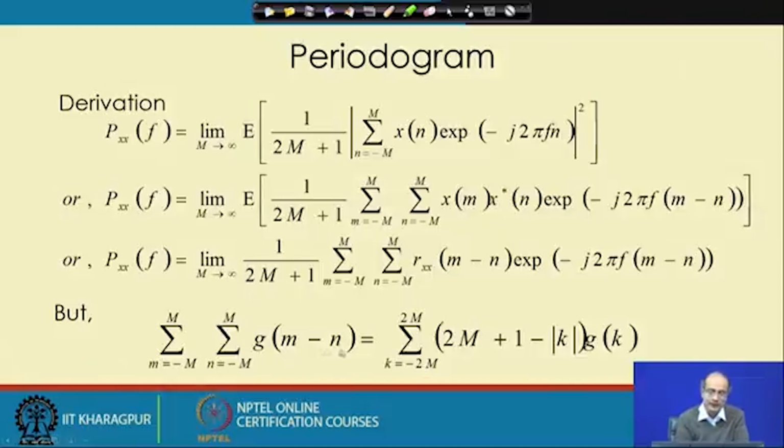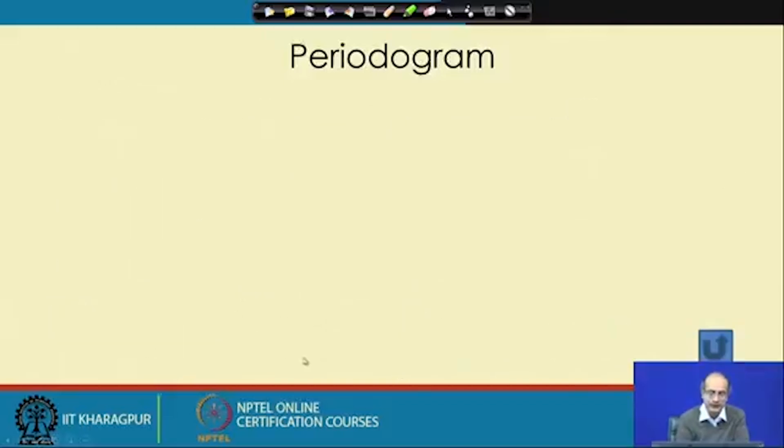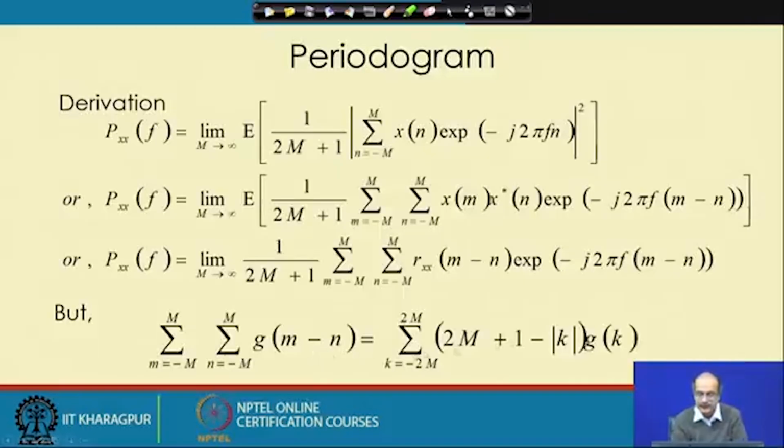If we take m minus n, the term that is the lag, okay, here the double summation was from minus m to plus m. Here we are going minus 2m to plus 2m. Okay. We have that many lags here in this case.